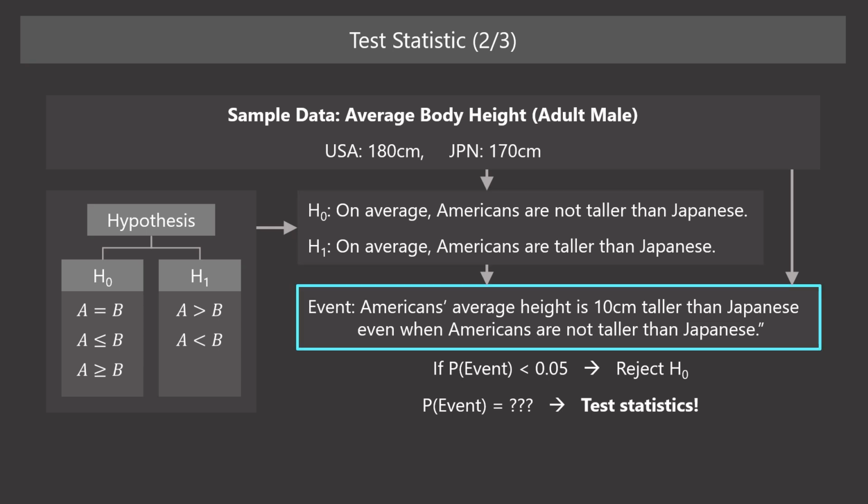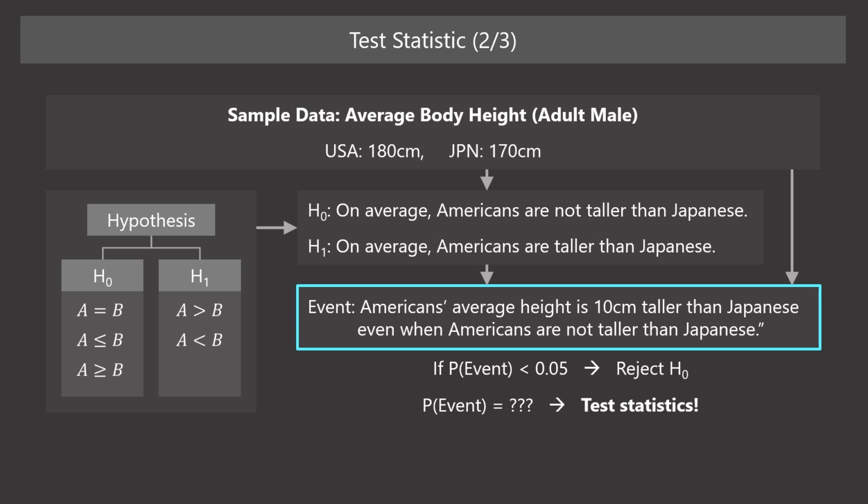The data show that, on average, Americans are taller than Japanese by 10 centimeters, supporting the argument of the alternative hypothesis. So, in this case, the null hypothesis says Americans are not taller than Japanese, despite the fact that the data shows 10 centimeter difference between them.